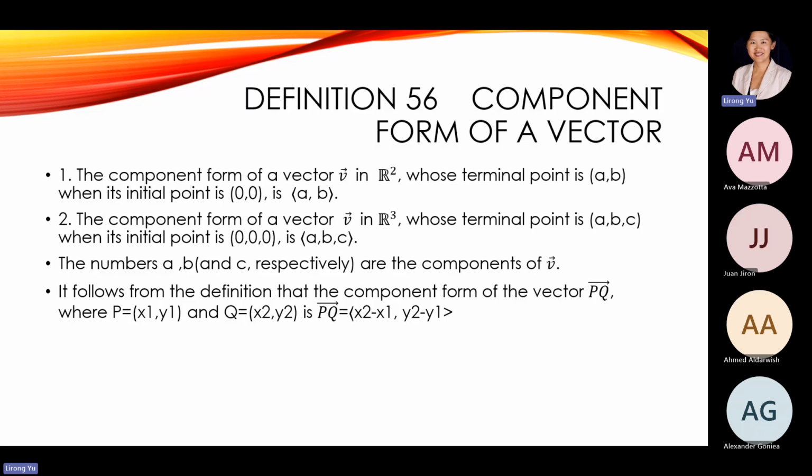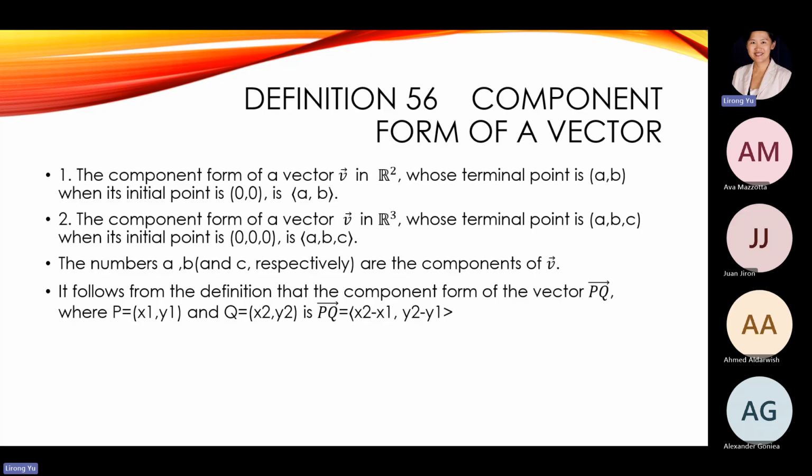So let's start with a two-dimensional vector. For a two-dimensional vector in R2, we identify its terminal point and initial point. Let's say, to make it easy, we make all these vectors start from 0, 0. So the initial point is 0, 0. Let's say the terminal point is the point (a, b), and then the vector will be <a, b>. We use a little pointing bracket to indicate that it's a vector.